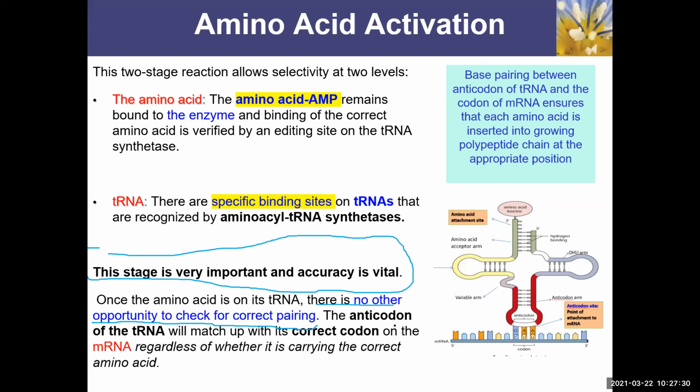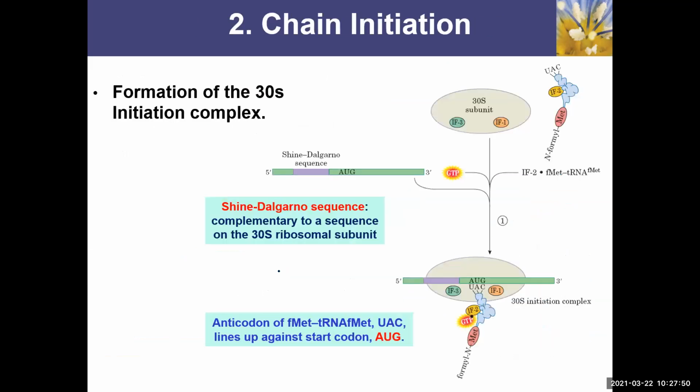After that, the anticodon of the tRNA will simply match up with its correct codon on the mRNA. Whatever amino acid we have here, its tRNA is not bothered. That is why it's very, very important. This is a crucial step. If there's a mistake in this step, it can cause a mutation.